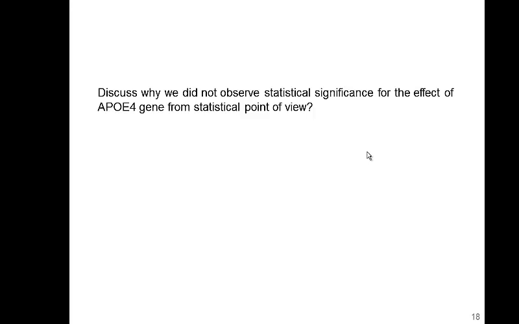So it is a huge loss of information. Loss of information often leads to loss of statistical power. What is statistical power? The probability of detecting a difference when there is a true difference.